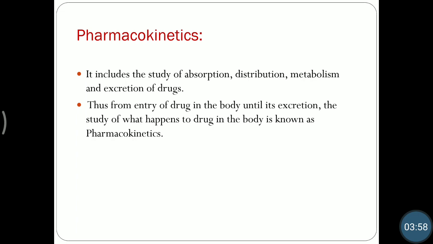That means that substance should enter our body, get absorbed and distributed in our body, get metabolized, and be excreted. That means from entry of the drug into the body until its excretion, the study of what happens to the drug in the body is known as pharmacokinetics.